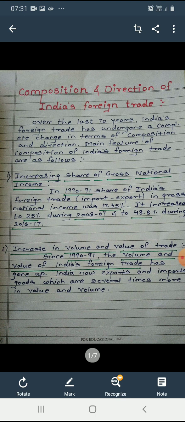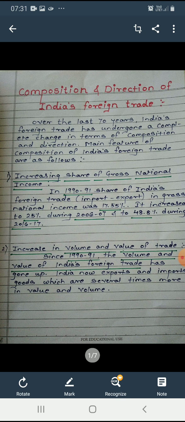Through this new economic policy, 91, the government started the LPG policy. Now you all know the LPG policy. L stands for liberalization, P stands for privatization, and G stands for globalization. So this LPG policy helped India to increase import and export activity.